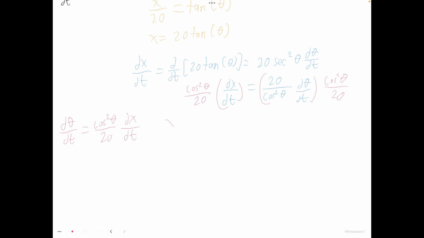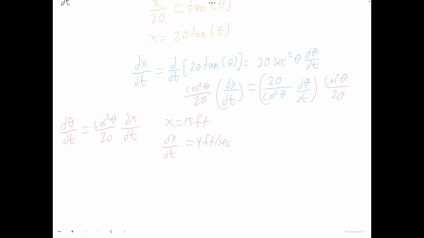And now we care about this when x is 15 feet, and dx over dt, we are told, is 4 feet per second. But notice that x doesn't actually show up on the right-hand side. Rather, cosine of theta does.